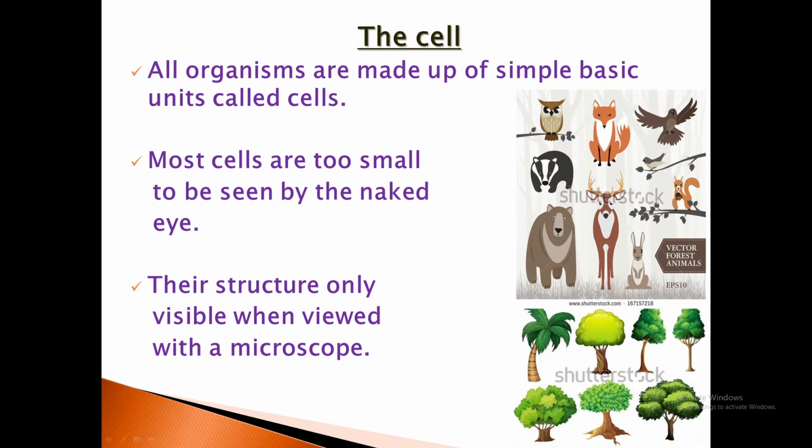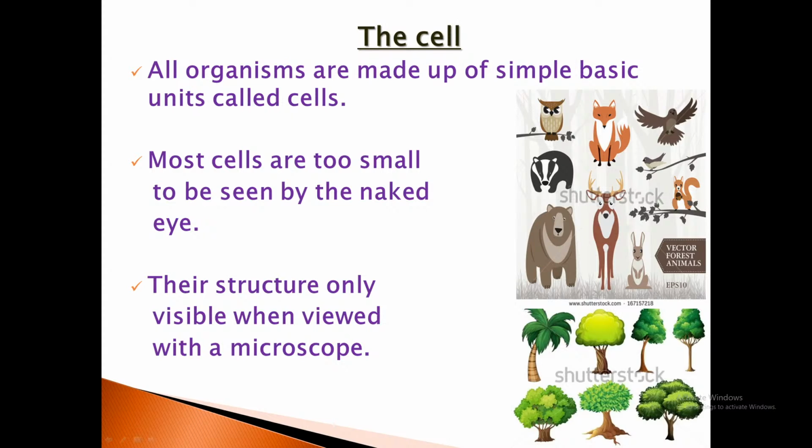Alright, so the first point where you see all organisms, they are talking about all living things. So when you see them use that term organisms, they are talking about living things. Whether it is a plant or an animal, the smallest unit that you can find in a living thing is known as a cell. It is just that we have different types of cells.